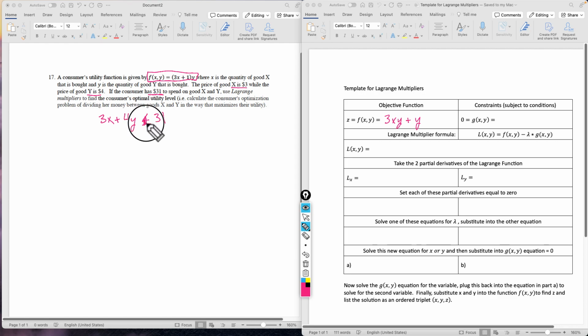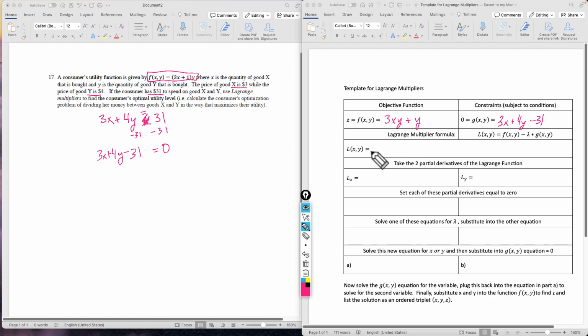So let's call this equal to 31, which would be the most we could get. Again, we need this to be equal to 0, so we subtract 31 from both sides. That gives us 0 over here, and it gives us 3x plus 4y minus 31. Okay, so that's our g of x: 3x plus 4y minus 31.